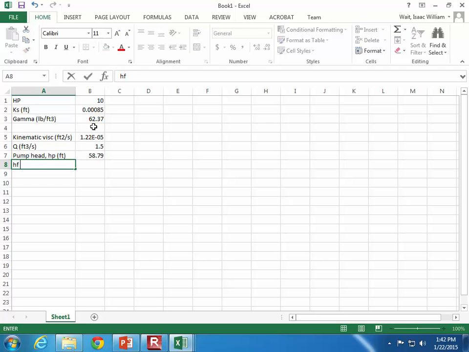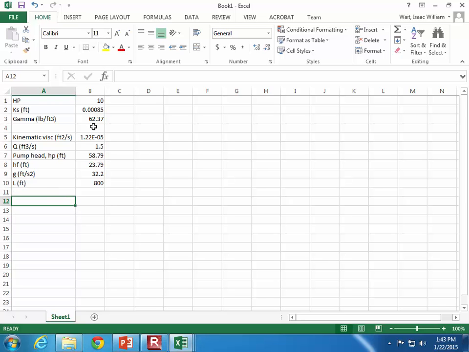So the HF in terms of feet is 23.79. G for traditional units, feet per second squared, is 32.2. And the length of the pipe is 800. Are there any questions? We've still got 3 minutes.